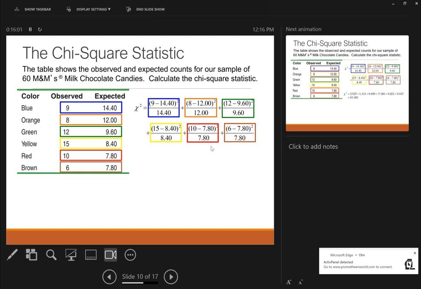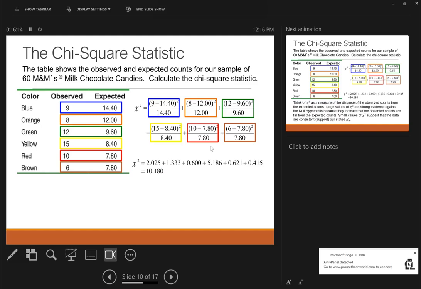Which again, that's not so bad. 6 fractions to make, that's not the end of the world. That's totally doable on a calculator. Everybody's okay? So we grind that out and we get 10.180 as our chi-squared statistic.